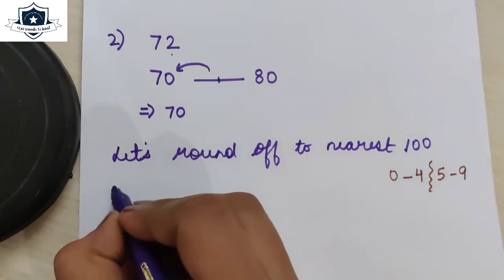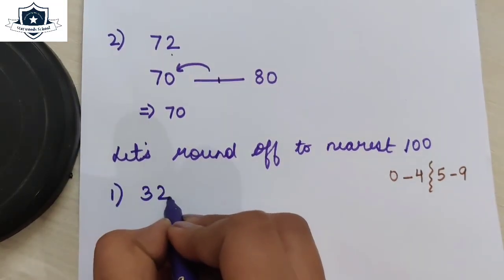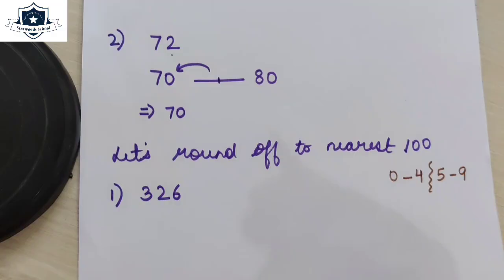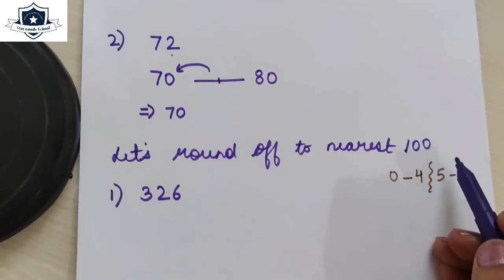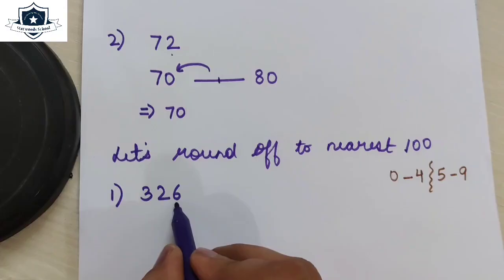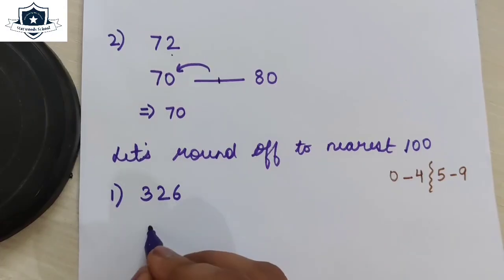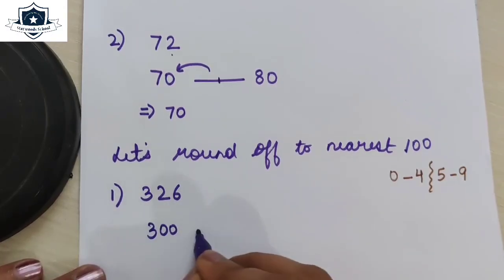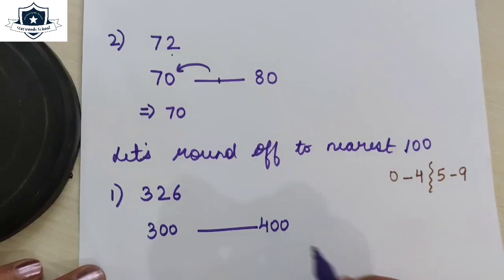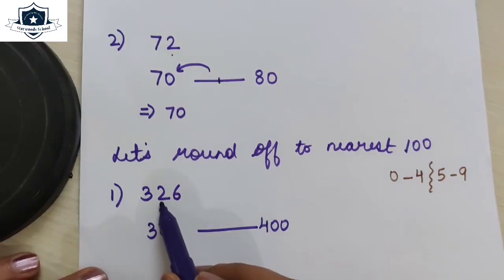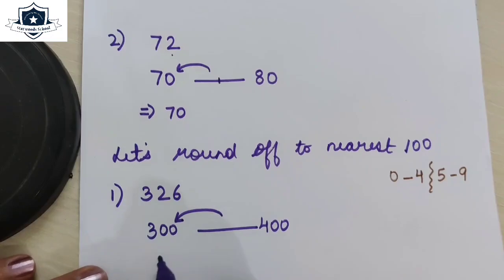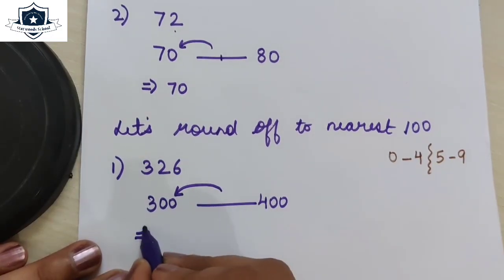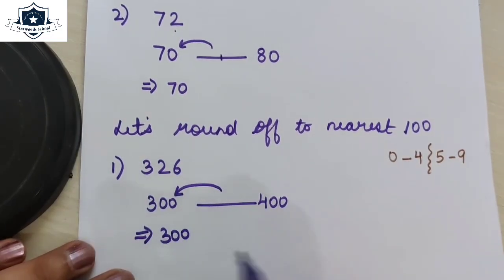If I take the number 326, there are two zeros in 100, so we'll see the second place. The range is 300 to 400, right? The second number is falling in the lesser bracket, so it will jump on to the previous number. So the answer is 300.